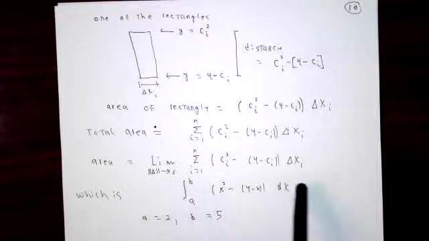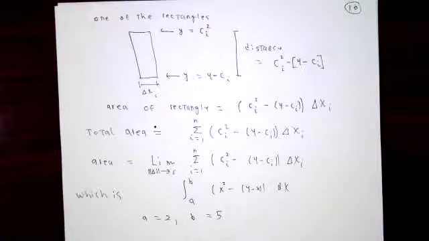This is the definition of the integral from a to b of x squared minus the quantity 4 minus x dx. The smallest x value we're interested in is 2, so a, the lower limit of integration, is going to be 2, and b, the upper limit of integration, will be 5.